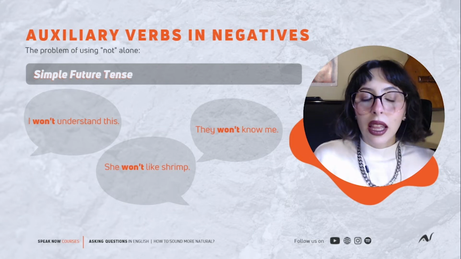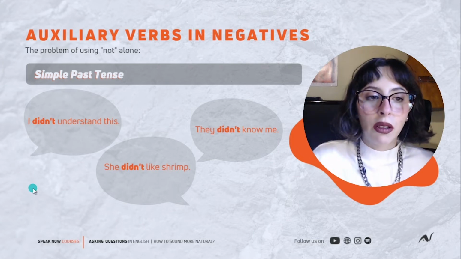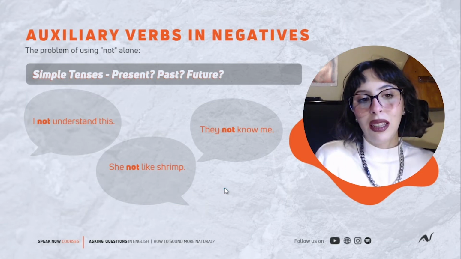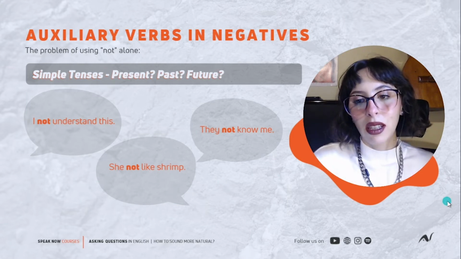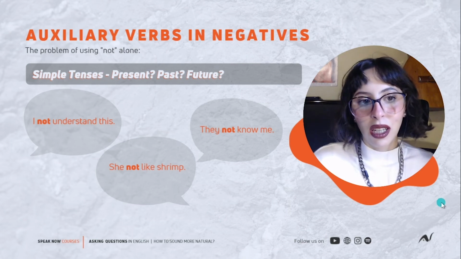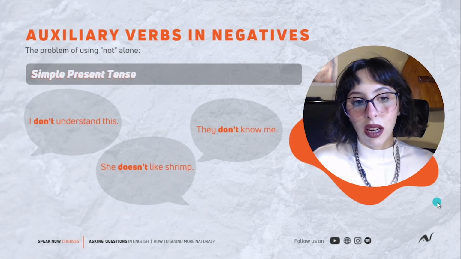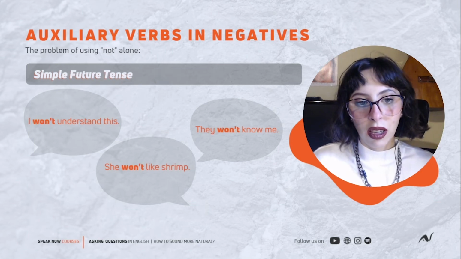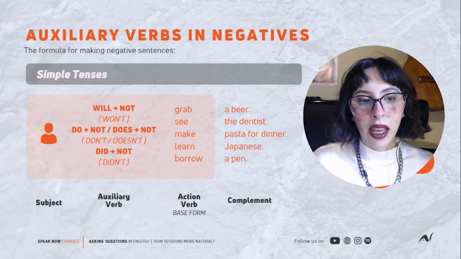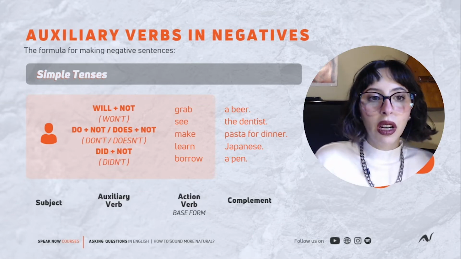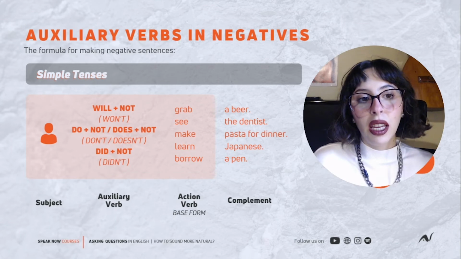So you see, this was the problem. Let's go back here. This was the problem of using not alone. We need the auxiliary verbs to make negatives just as much as we need them to make questions in English. They are so important. Now let's see the structure for using the auxiliary verbs in the correct way in simple tenses.